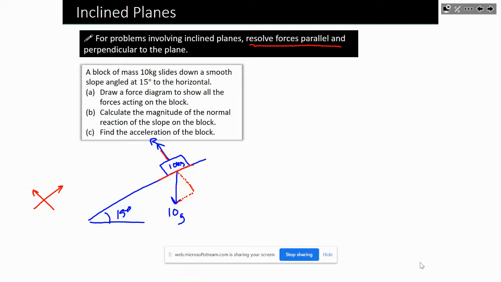You should be able to calculate from the diagram that we have an angle here of 90 minus 15, which means our angle here is also going to be 15 degrees if we have our right angle there. That will always be true. Our angle here will always be the same as our angle here if we're resolving our forces in the direction of the plane and the reaction force.